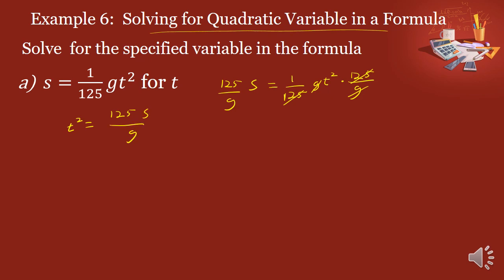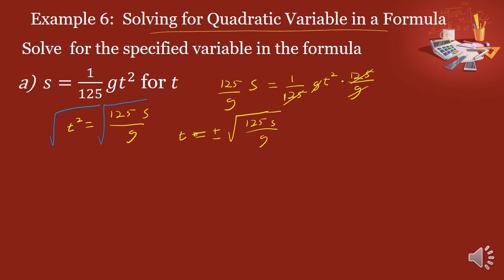And of course now we want to take the square root of both sides. When we do, we will have that t is equal to plus or minus the square root of 125 times s divided by g.